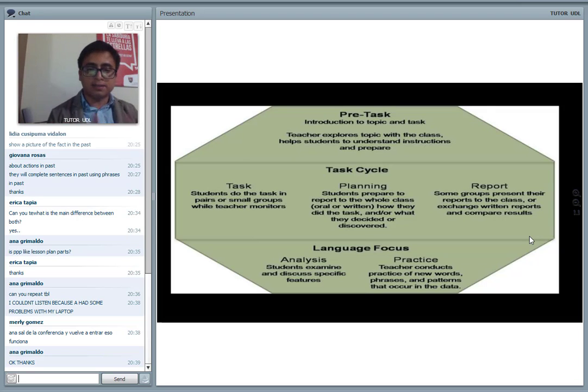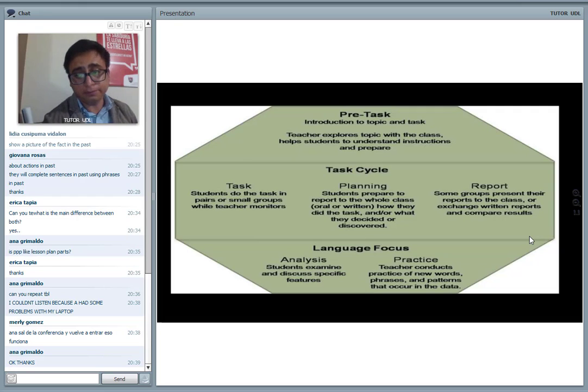Maybe they need to ask the questions to each other, and maybe they have to present a paper with the results. Yes, using statistical results, maybe. How many people like, for example, watching movies? Maybe three people of the 5 students in the group. Okay, they have to make the presentation.